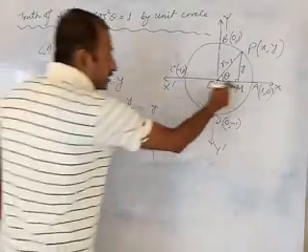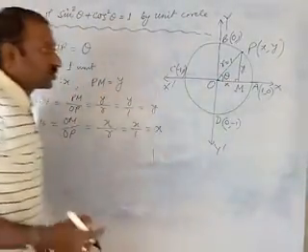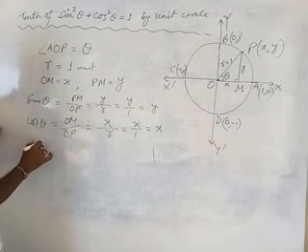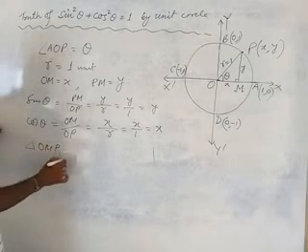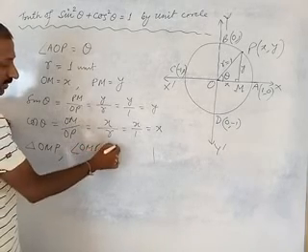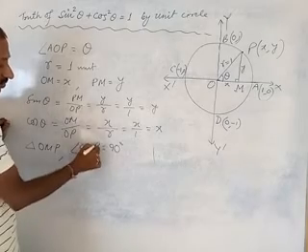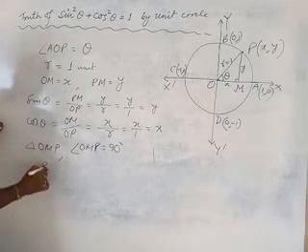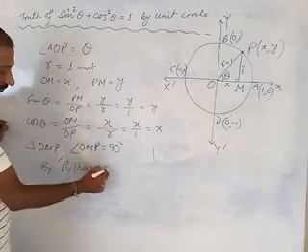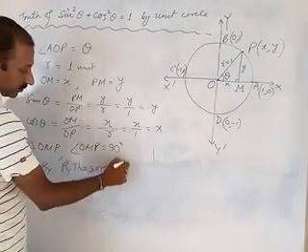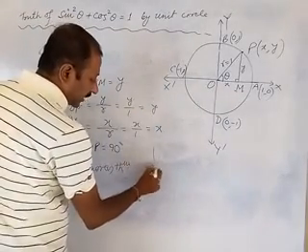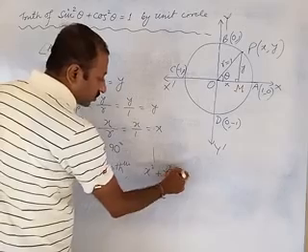Now, this is a right angle triangle, so we can apply the Pythagoras theorem. Triangle OMP is a right angle triangle, angle OMP equal to what? 90 degree. So by the Pythagoras theorem, what we get from this triangle? X square plus y square equal to what?